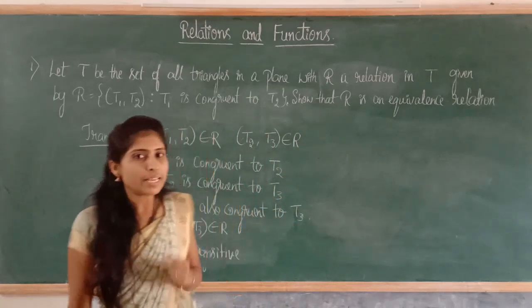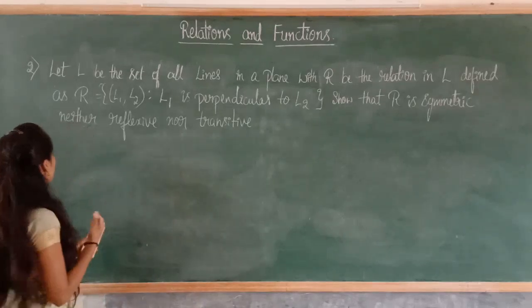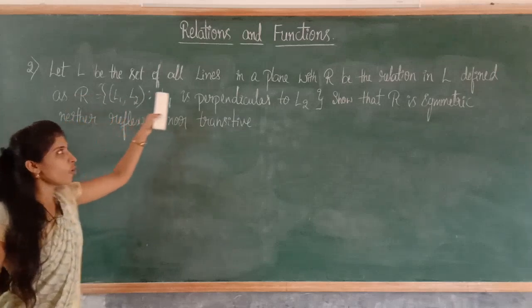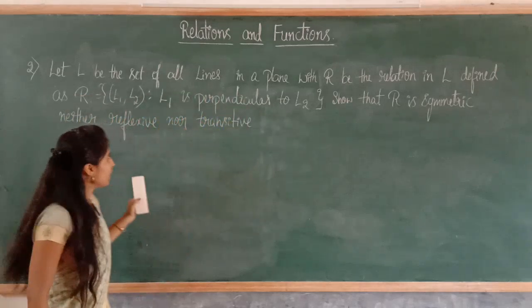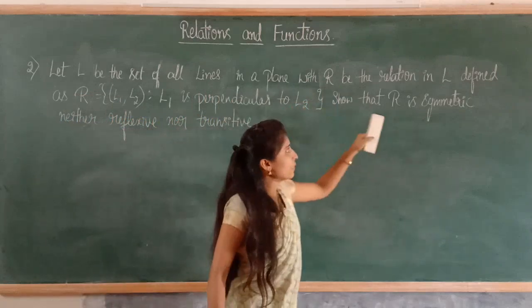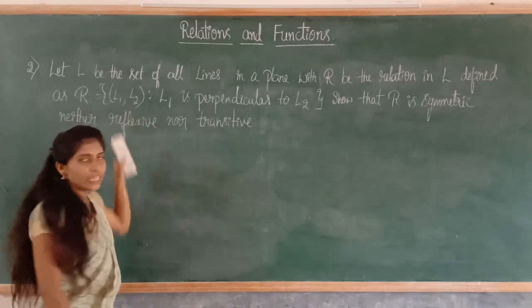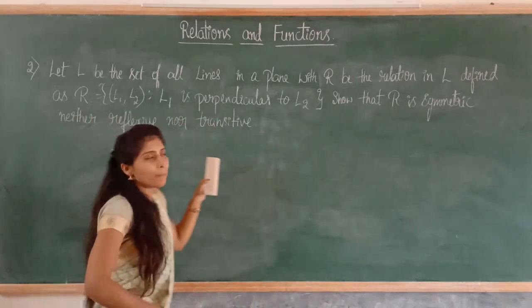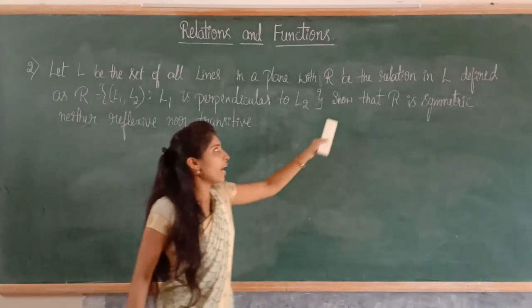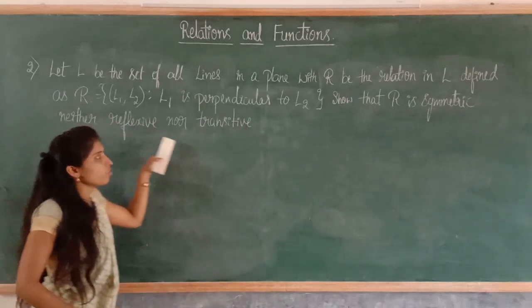Now the next problem is: let L be the set of all lines in a plane. Here we have to prove that the relation is neither reflexive nor transitive.